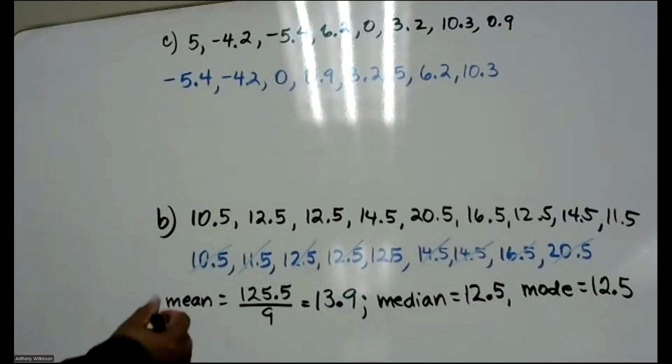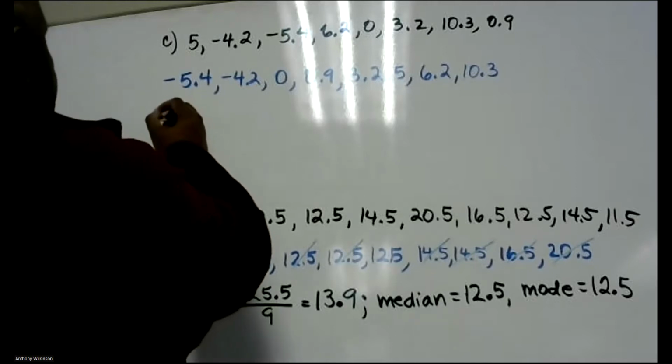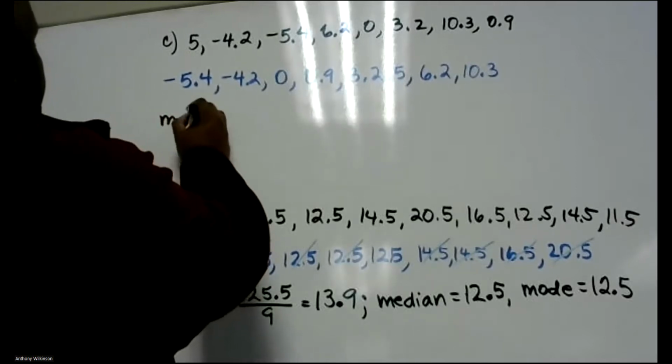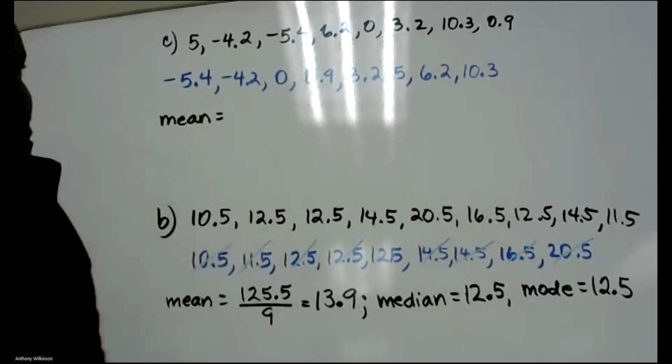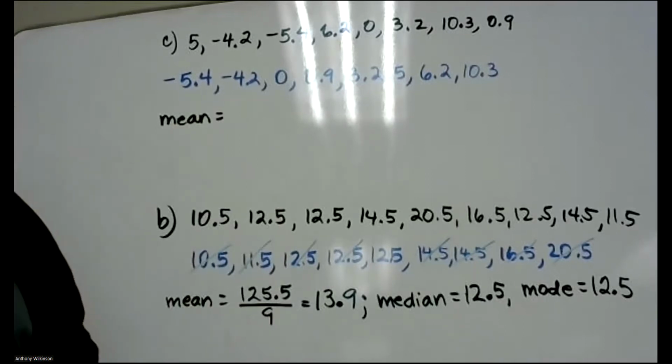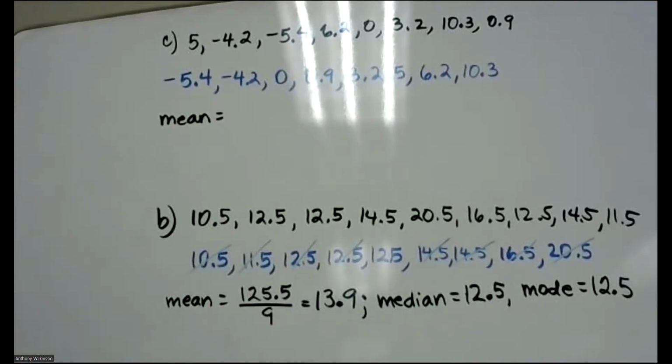And now let's find the mean of this. So now we have negative 5.4 plus negative 4.2 plus 0 plus 0.9 plus 3.2 plus 5 plus 6.2 plus 10.3.